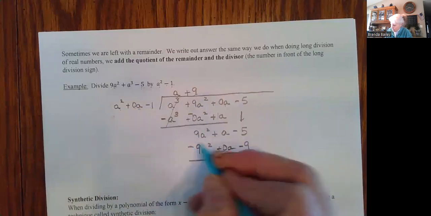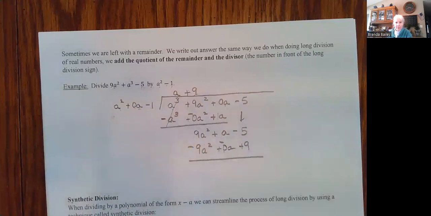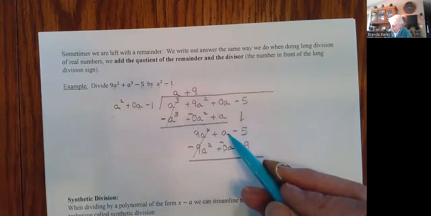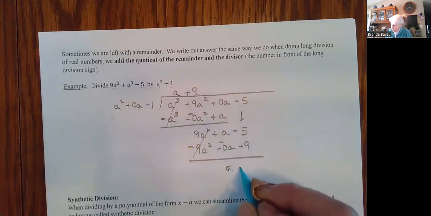Change the signs and add them together. It's the subtraction. Those drop out. Looks like we're going to have an a plus 4.